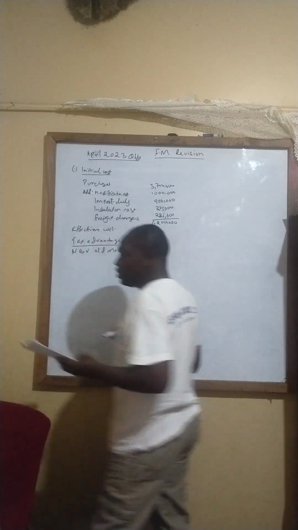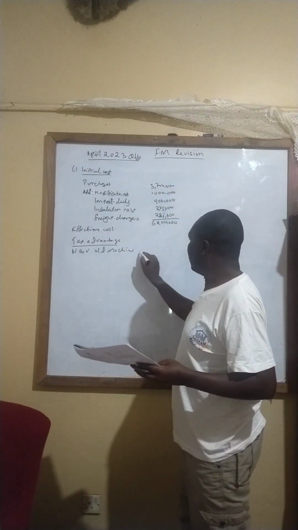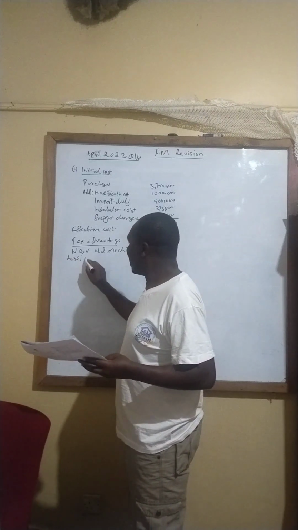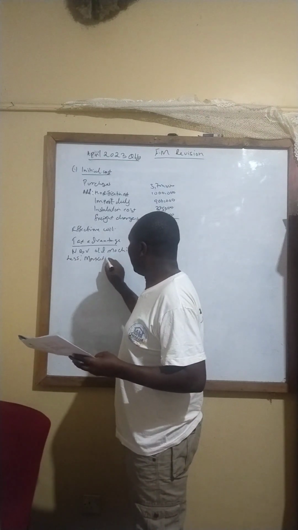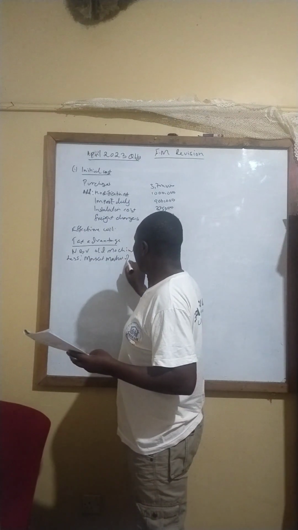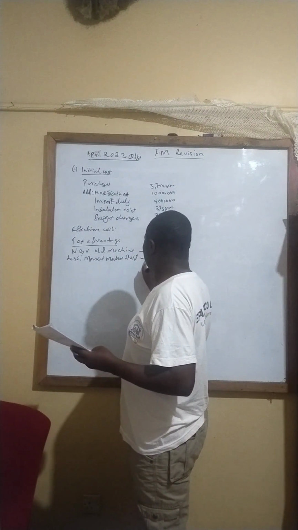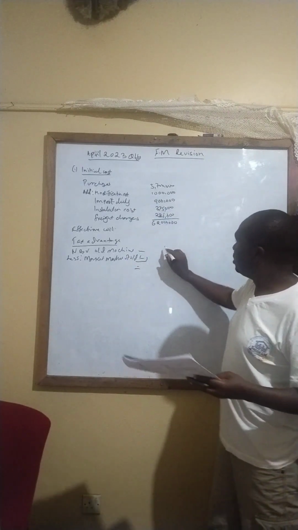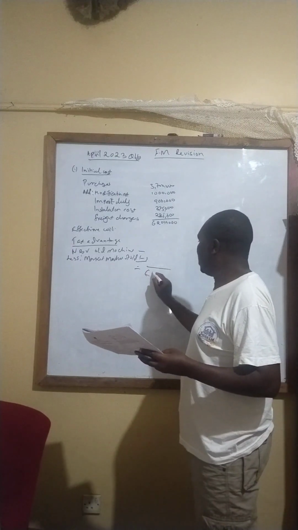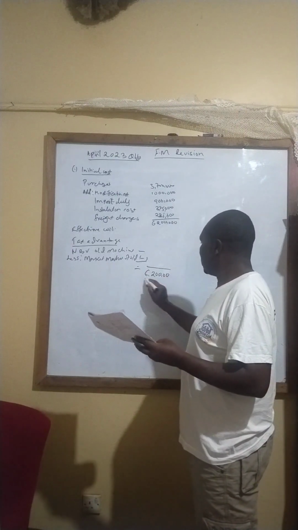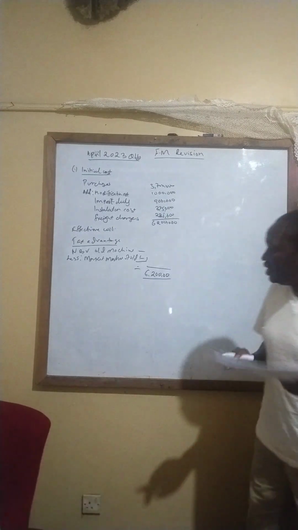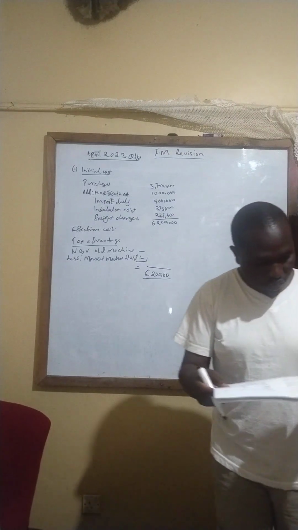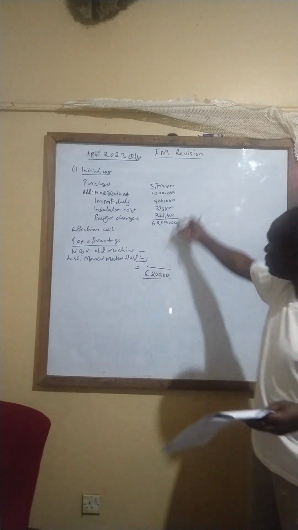The net book value of the old machine we don't have here. Then we say less market value of the old machine. In this case, we don't have that. So therefore, we bring down here and say 6,200,000. So 6,200,000 is now our initial cost. How many marks? 2 marks.